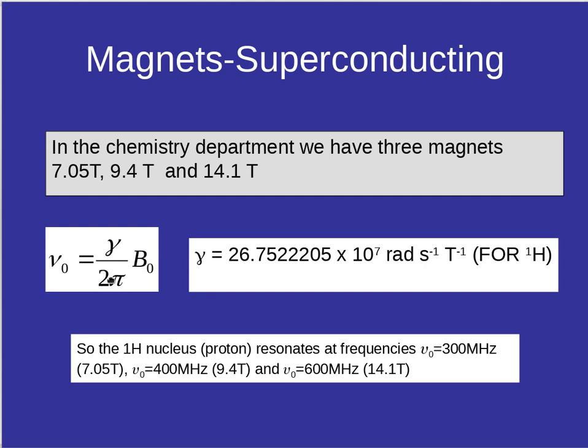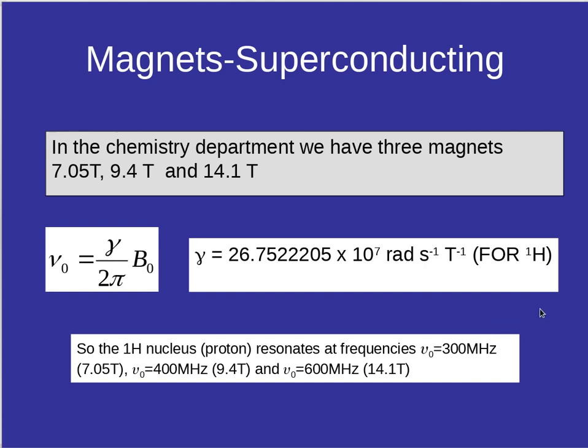We can work that. So you can try this as an exercise. You can try and calculate the Larmor frequency for all 3 different B0 magnet strengths. And your answers should be 300 megahertz, 400 megahertz, and 600 megahertz.